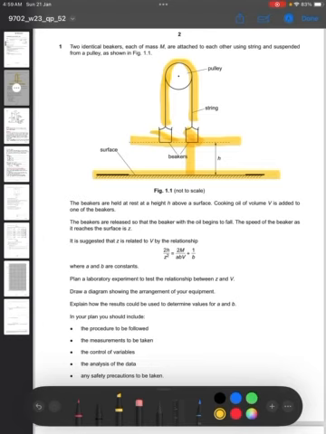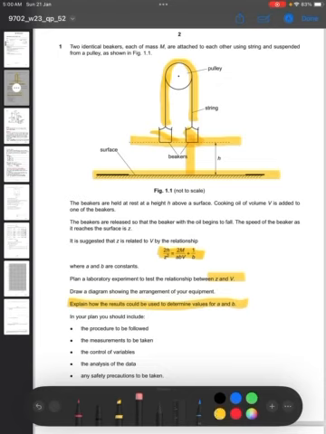We are designing an experiment such that once the experiment is done, if we obtain values of Z and V, then in this experiment and the analysis that follows, a person can be able to ascertain whether this relationship is correct, which was suggested to be the relationship between Z and V. And also explain how your results could be used to determine A and B. So all of this is important.